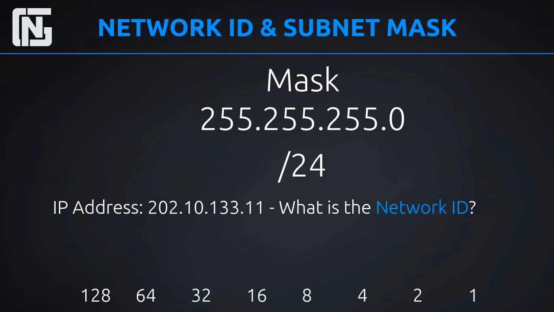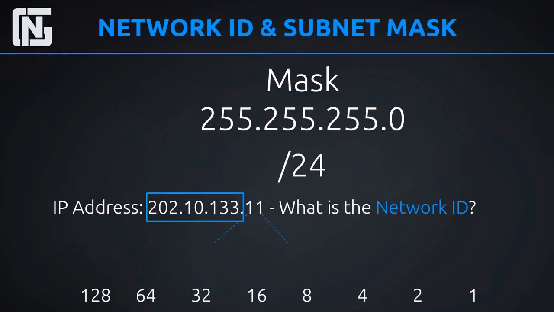So what's the example? We have this IP address here, 202.10.133.11. What is the network ID for this IP address? What network does this IP belong to? We can draw a box around the first 3 octets, 202.10.133, because we have all 255s in our mask. So our network ID is going to start with at least 202.10.133.